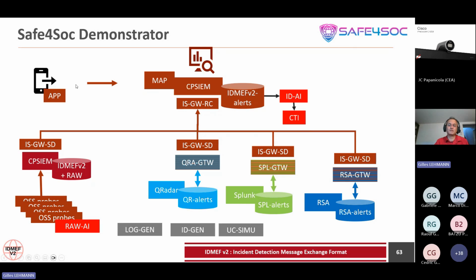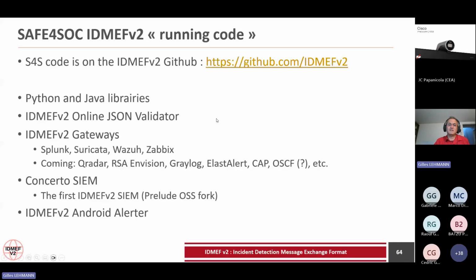It's more a proof of concept. I will make a small demonstration, but it was a good opportunity to mix geolocation and alert in the format. What is interesting is that we took this format just to work on IDMEFv2. That was the basic goal.